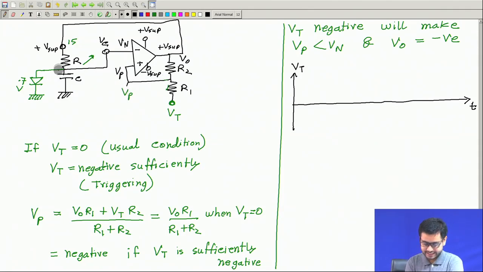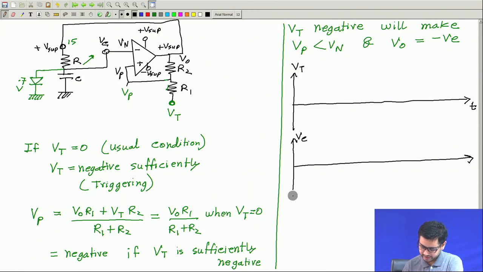Let us draw V c, that is important. V c, what else? Output definitely. V o. Okay. So, let us see how it works.